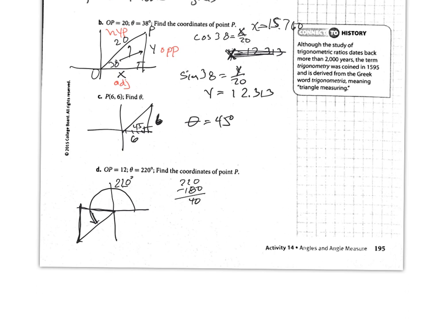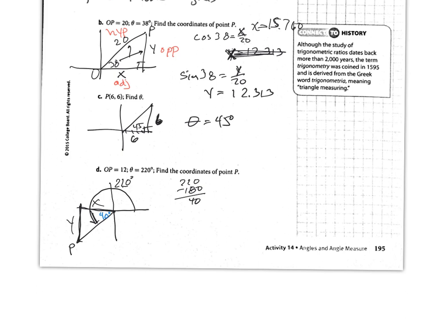That's 40 degrees. So we need the fact that that's 40 degrees right there. That's the part we're looking for in order to help us find the problem. We're trying to find the coordinates of P. There's P again. This is X. This is Y. Now, you're going to get positive answers. X and Y are both negative because of where they're located. You got to pay attention to location.